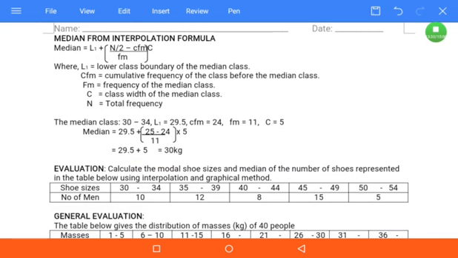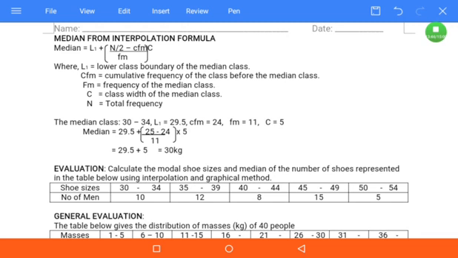Now, input all this in the formula. We have 29.5 as L1 plus N over 2. Now, N is what? 50, because we have 50 students. Over 2, that gives us 25. Minus CFM, the cumulative frequency before the median class, that's 24. Over FM, the frequency of the median class, 11. Then times 5.